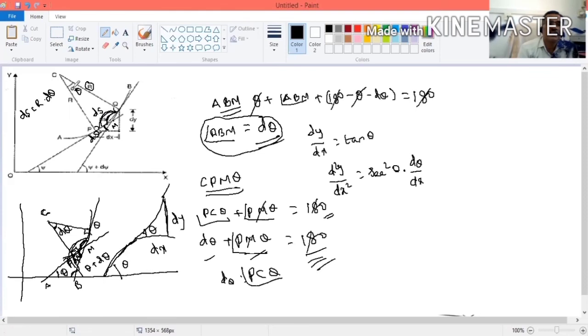This is theta, d theta, this is r, and the arc distance is ds. Then ds is equal to r into d theta, and you can write d theta by ds is equal to 1 by r. This is one relation.